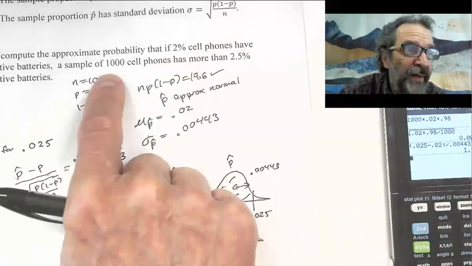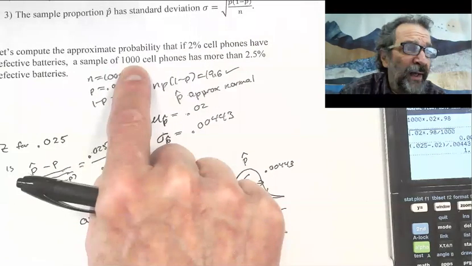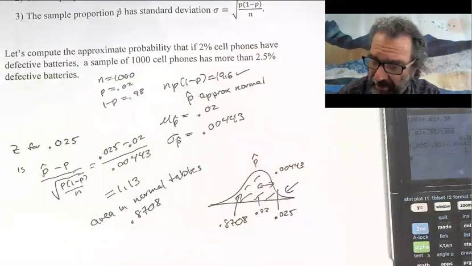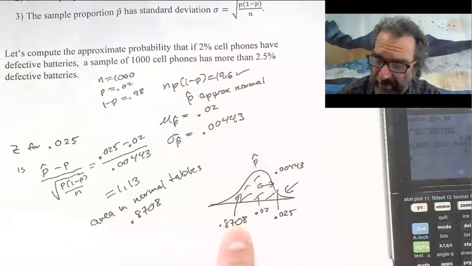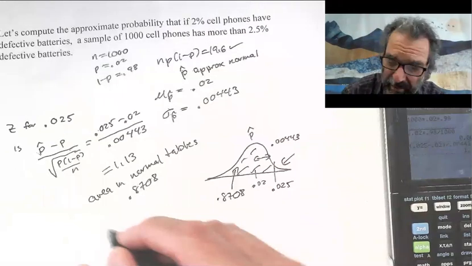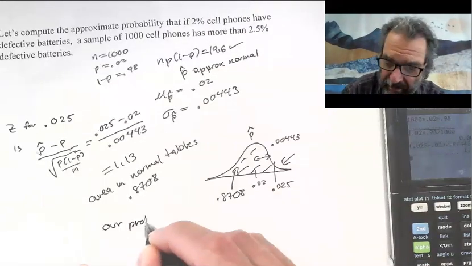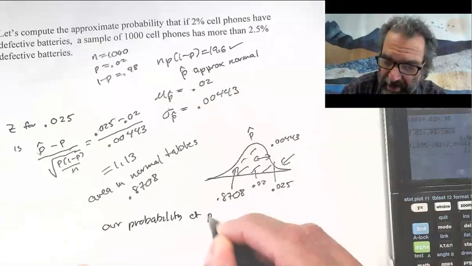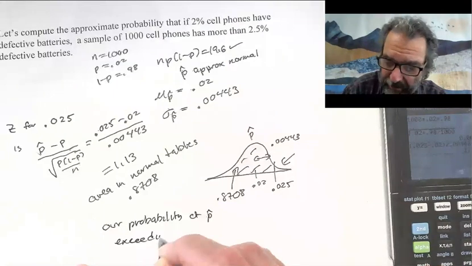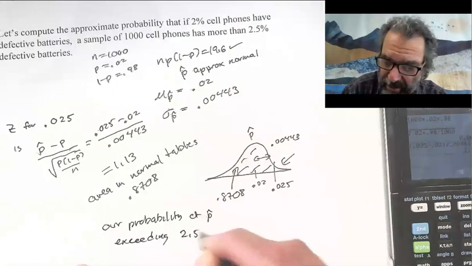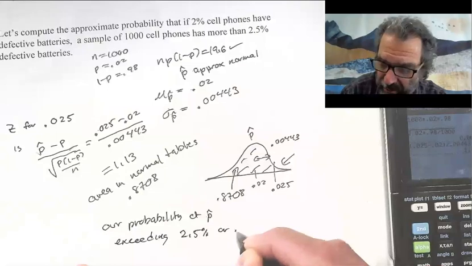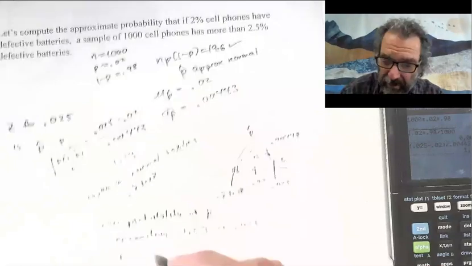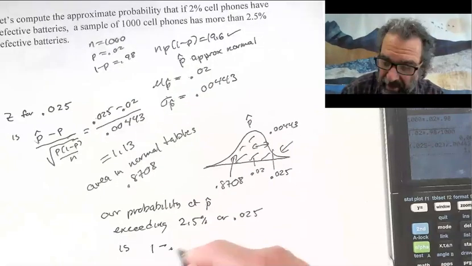It says up here, what's the probability of more than? So that'd be this side. So we have to take 0.8708 and subtract it from 1. So our probability of a p hat exceeding 2.5%, or 0.025, which is what we computed, is 1 minus 0.8708.